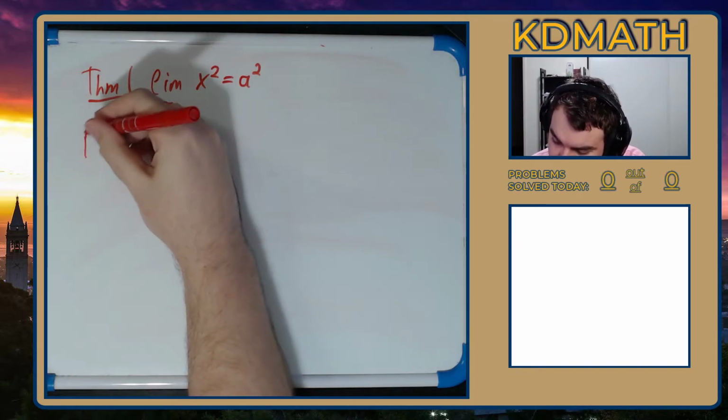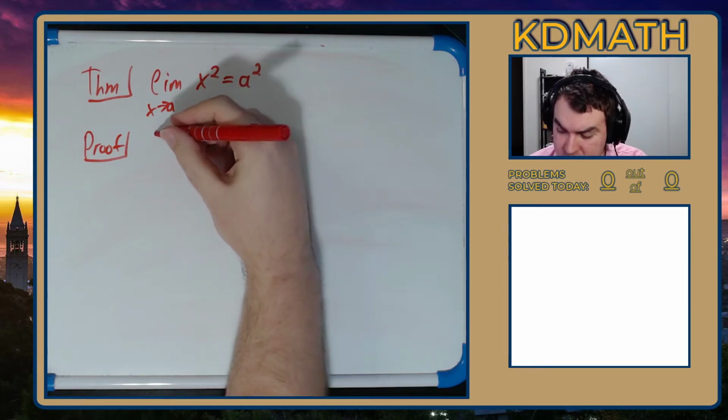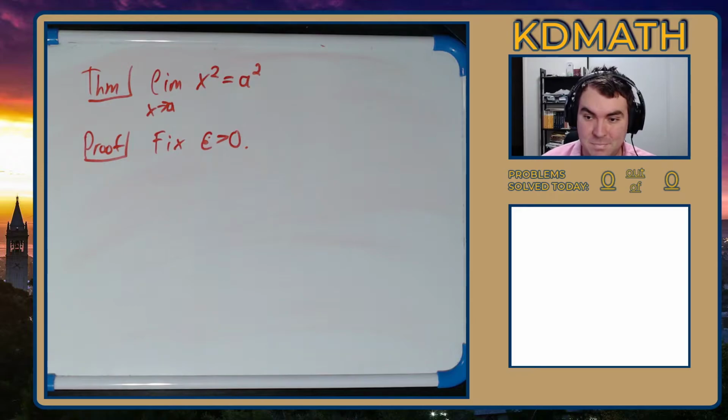Okay, so proof. Well, what's going on here? As usual, fix epsilon greater than 0. Right? We fixed epsilon greater than 0.